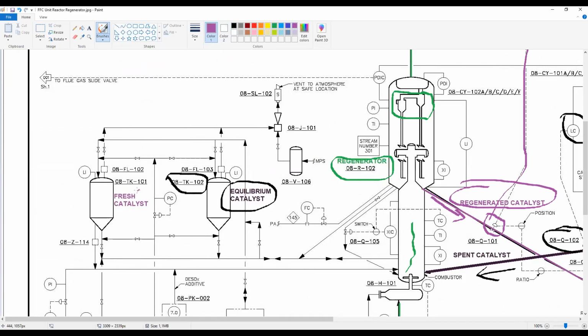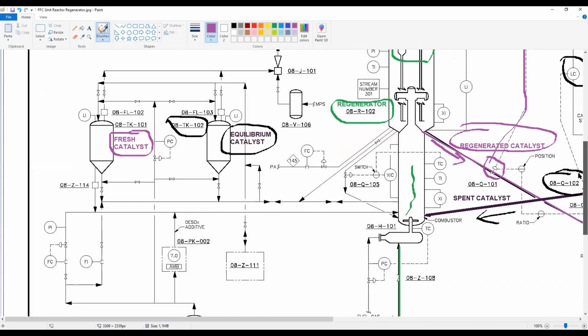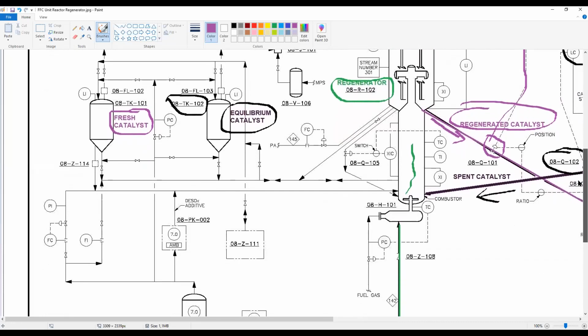Okay, so this is how we will manage our catalyst in the regenerator. We will withdraw some equilibrium catalyst and we will add fresh catalyst. Okay, this is more or less where we have all this catalyst management.